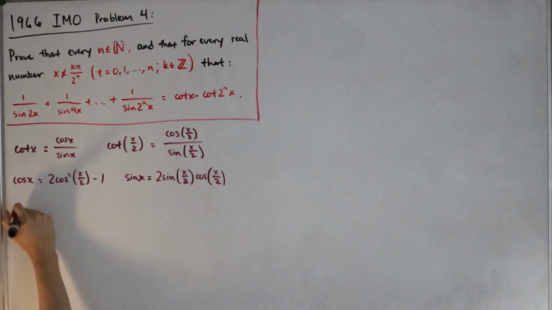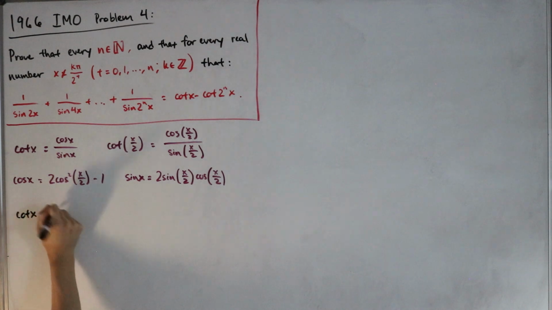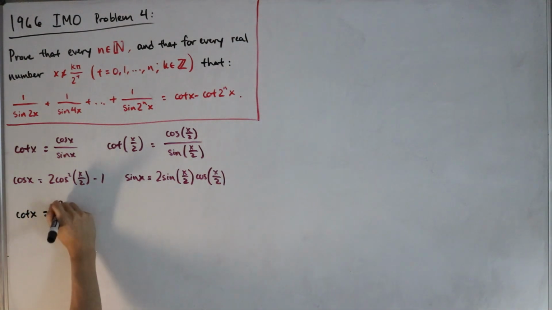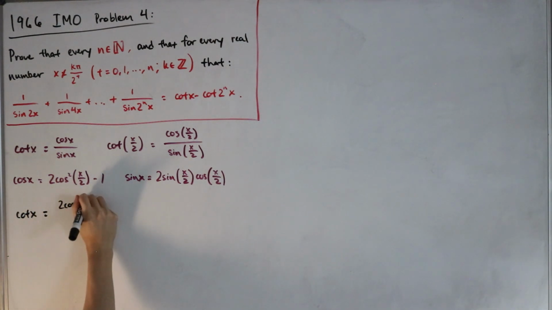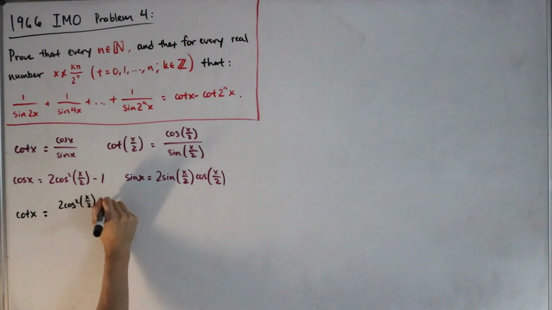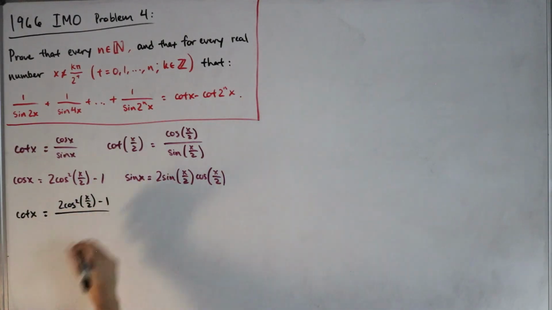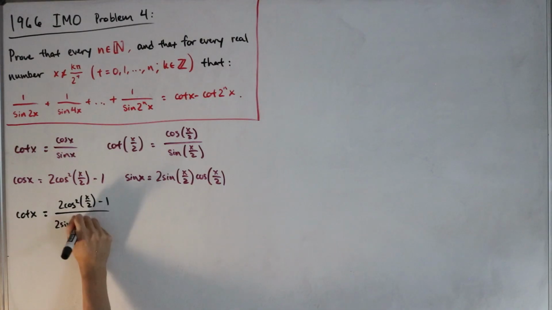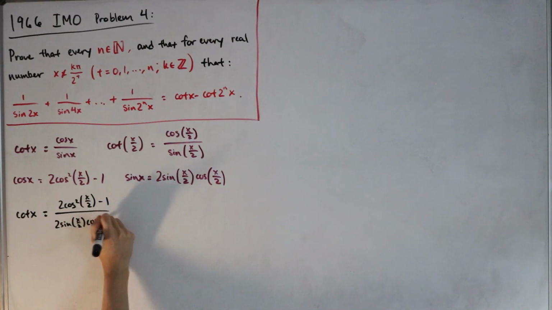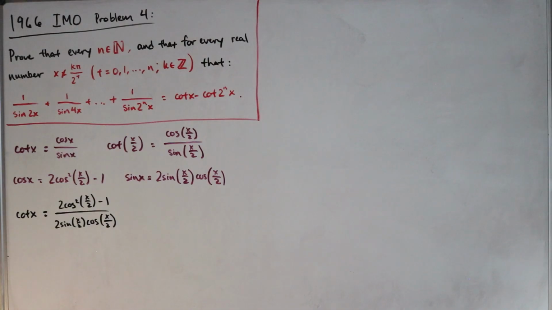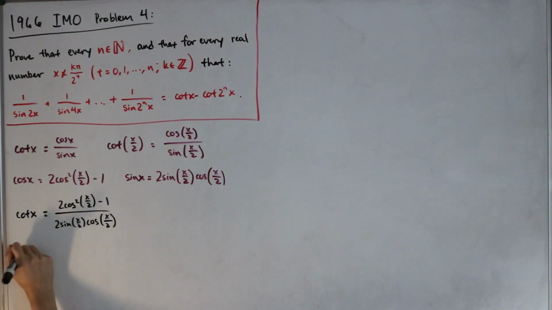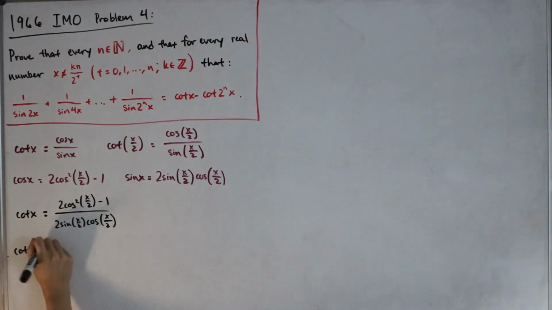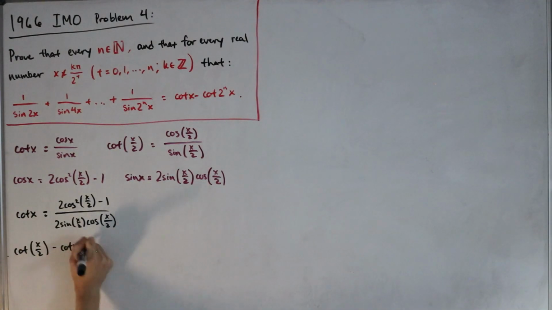So then cotangent of x is simply 2 times cosine squared of x divided by 2, subtract 1, all divided by, so just substitute, 2 times sine of x divided by 2 times cosine of x divided by 2. Okay, so now the next thing is let's compute cotangent of x divided by 2, subtract cotangent of x.